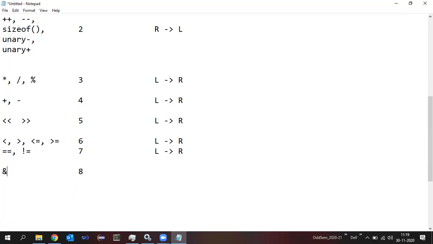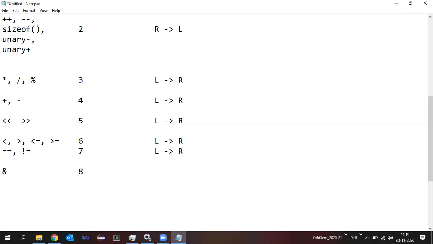I can say it can be a bitwise AND also, or it can even be the address of operator. Yes or no? If I use the single symbol, then it can be bitwise and as well as the address of operator.